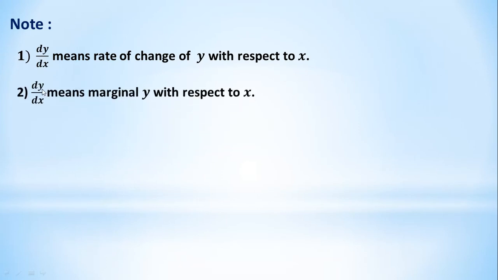Similarly, another meaning is that dy by dx means marginal y with respect to x. Okay, so you just remember these two notes. Now we will solve exercise 3.2. Some examples related to exercise 3.2.